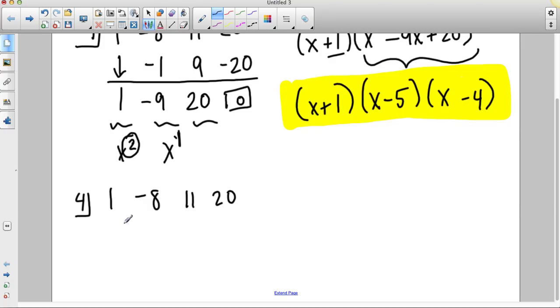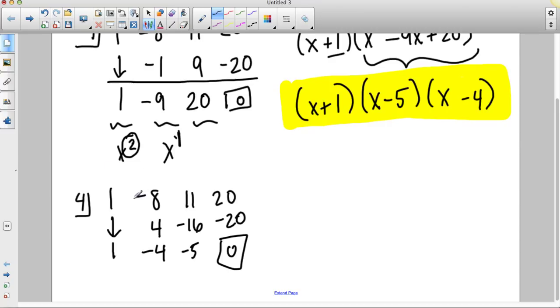Would I still get the same answer if I picked 4 first? Now, should. Let's see if we do. So if I drop the 1, multiply, add, multiply, add, multiply, add. You already had one. That way you don't have to factor down.